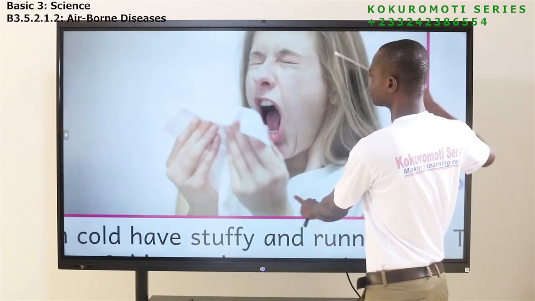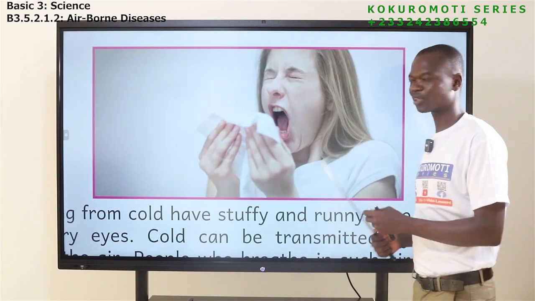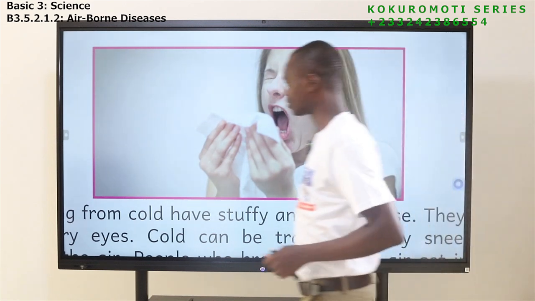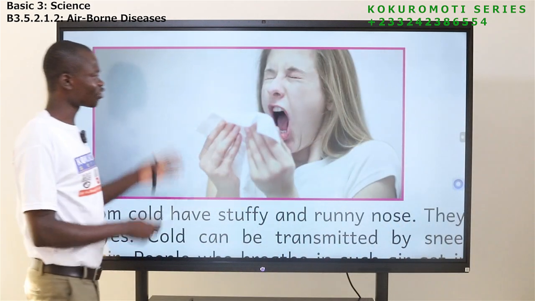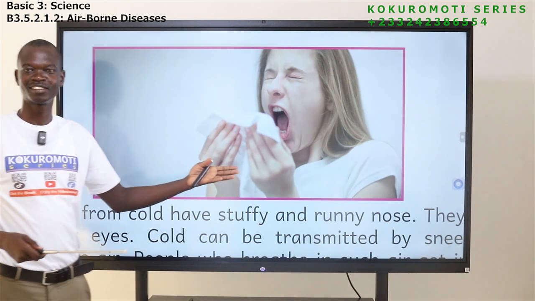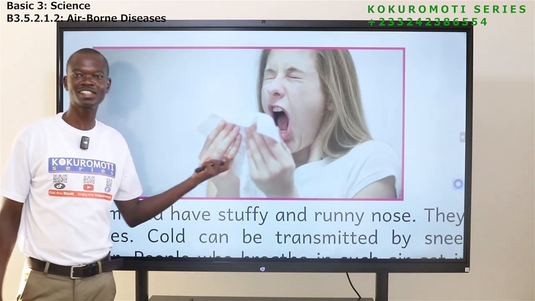Now let's look at them well. Look at this picture. I always show you pictures for you to understand what I'm talking about. Look at this picture and tell me what you see here. Is the person coughing, sneezing, yawning? What is the person doing here? Lucho, tell me, what do you see here?